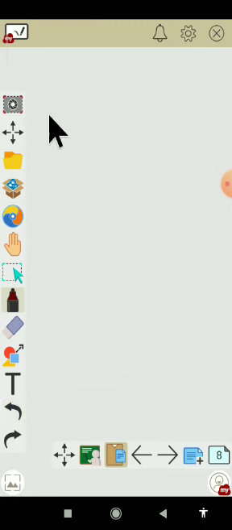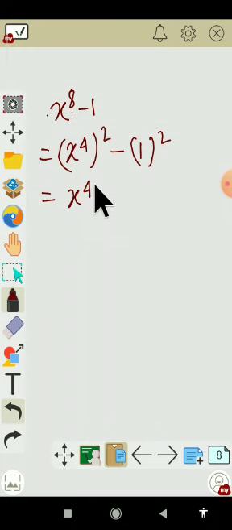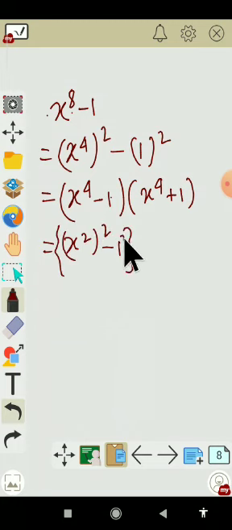And if it is given like this, x to the power 8 minus 1, we have to make it in a square minus b square form first. Then we have to apply the formula a minus b into a plus b. Here a is x to the power 4. Again we will apply it in a square minus b square form.